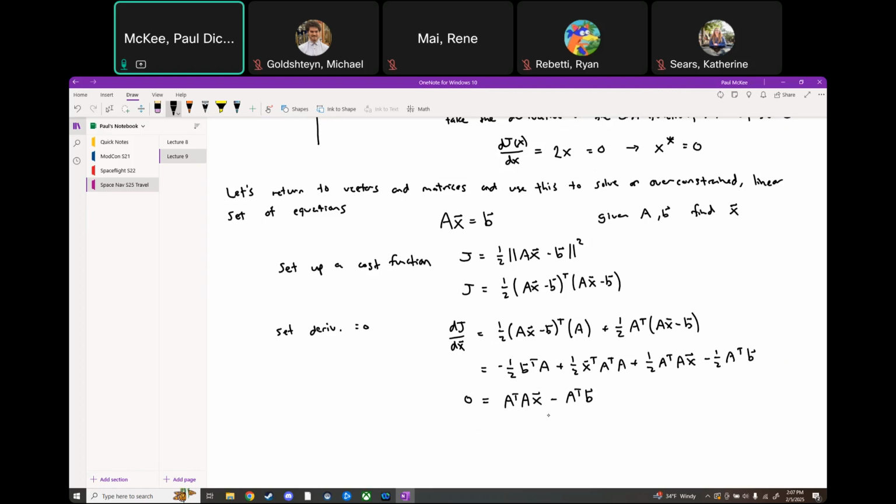And if that's equal to 0, then after one more step, we can say that x optimum is (A transpose A) inverse A transpose b, which is the least squares solution. Some of you might even have this memorized. This is where it comes from. (A transpose A) inverse A transpose b is the solution in the least squares sense to Ax equals b.